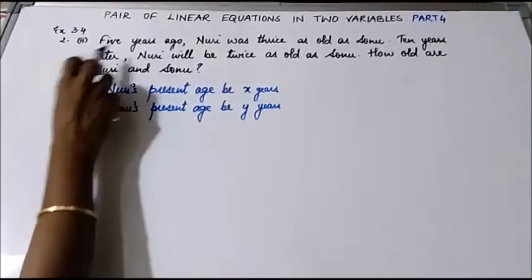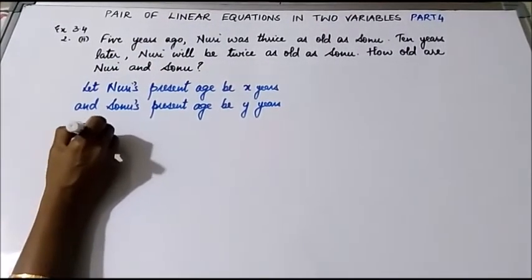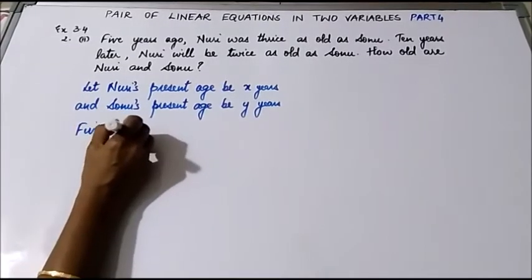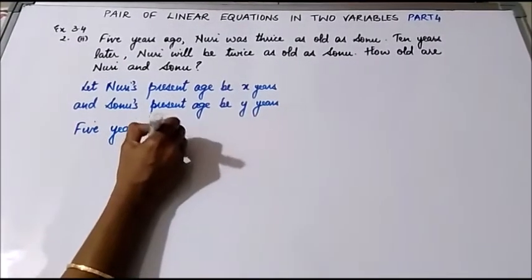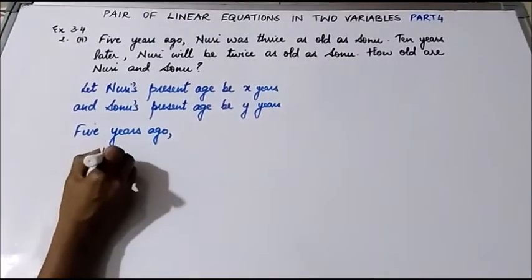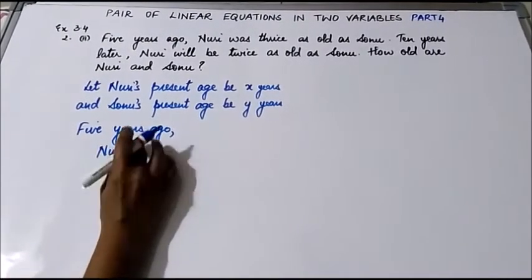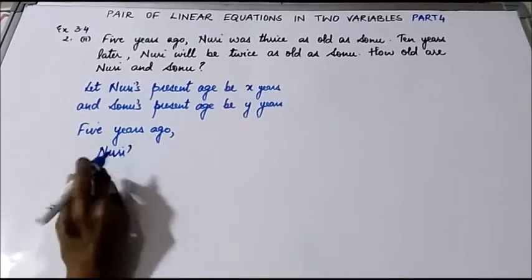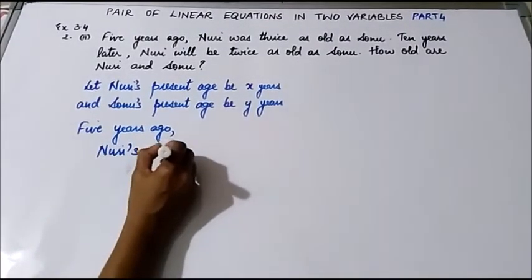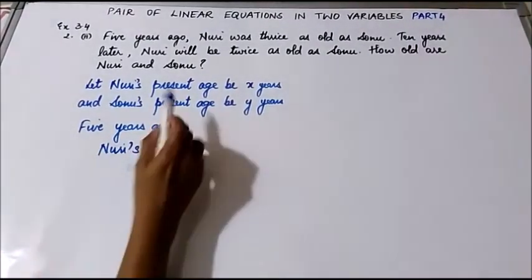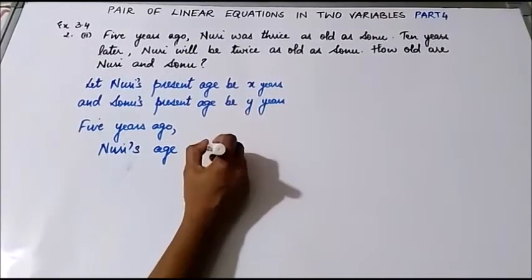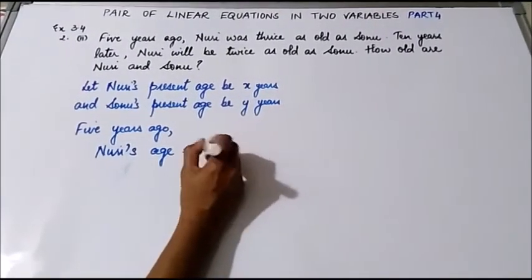Let's read the question. 5 years ago, Nuri's age was, her present age is x. 5 years ago her age was x minus 5.